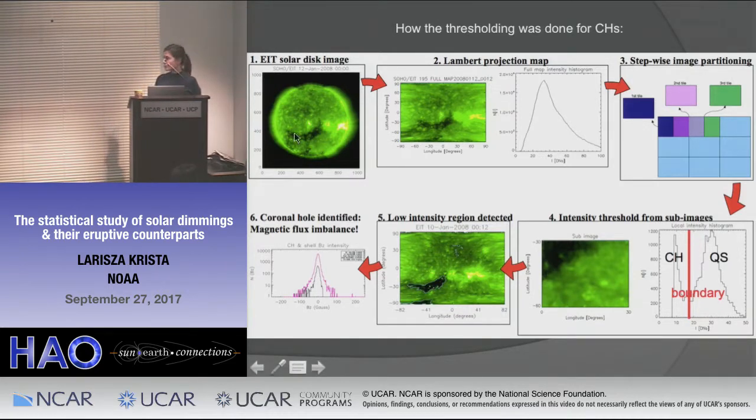I start with the full disk image that's transformed into a Lambert equal area projection map. This is done to make the detection easier. I use different size windows to go through the image to identify the low intensity regions. Because the hole detection method comes from coronal hole detection, this is how it was done. And once the low intensity region is identified, then the contour is applied, and hence you have your dark region. Then you look at magnetograms in the same region and you see if there is a unipolarity. If the region is unipolar, you're probably dealing with a coronal hole or a transient coronal hole.